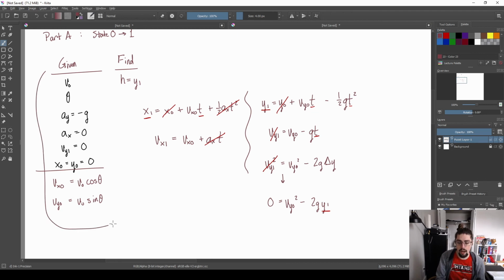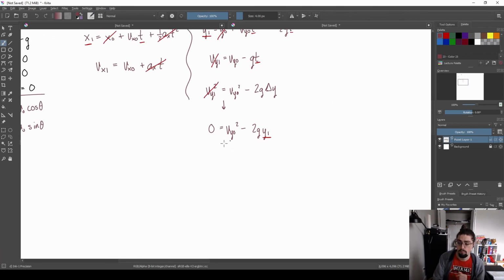Nothing in either my given or my find box mentions t, right? So if I were to go with my first 2 equations, I would have to find an extra variable. I would have to write down extra equations and solve them out properly before I could get to my final answer. If I instead go with my 3rd equation in y, I skip that unnecessary variable. I can jump immediately to finding y1.